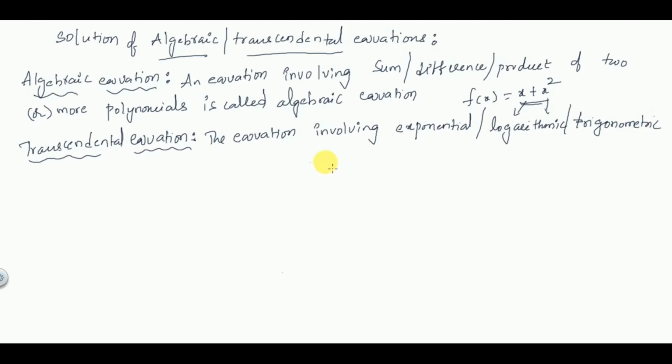The equation involving exponential terms, logarithm terms and trigonometric terms is called a transcendental equation.